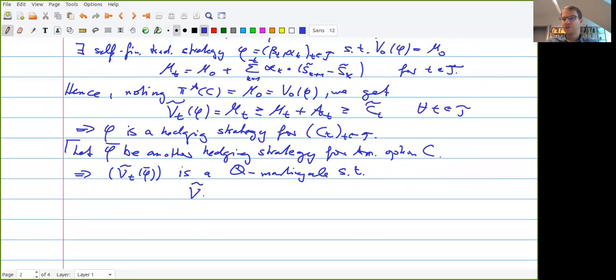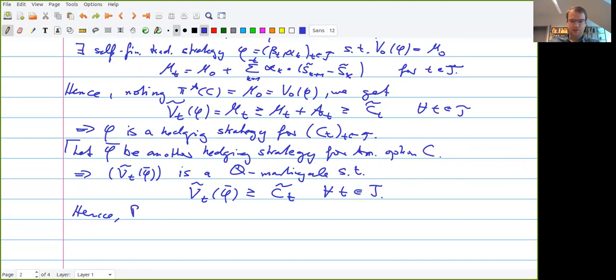Since it's a hedging strategy, it also has to dominate the payoff of the American option, and this means that the discounted value process associated to phi bar dominates the discounted payoff of the American option. Now, we know that the Snell envelope is the smallest supermartingale dominating this payoff.